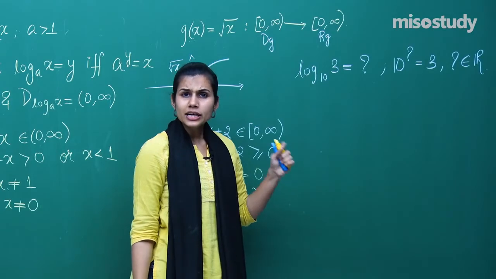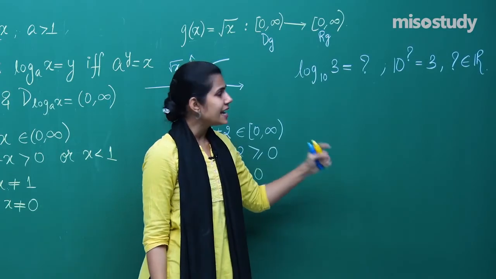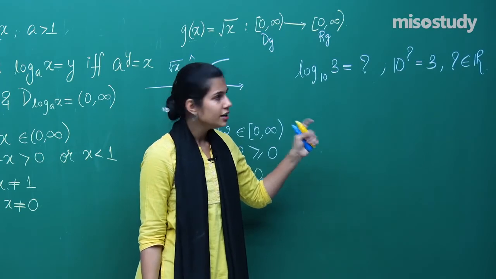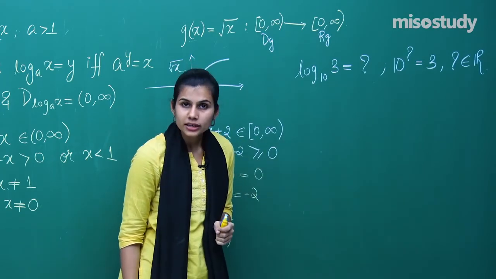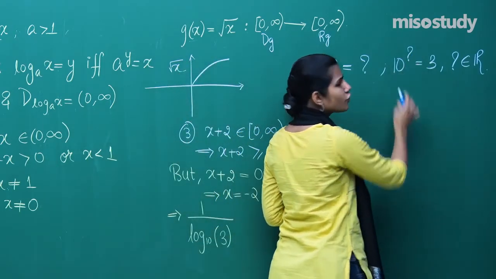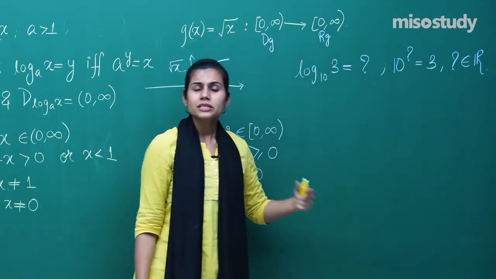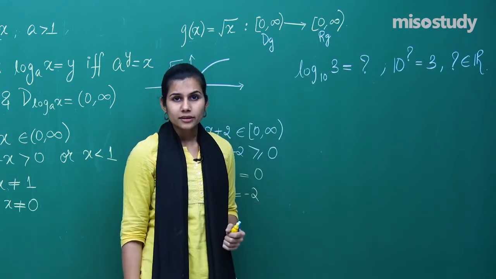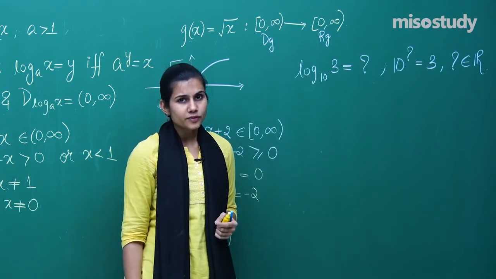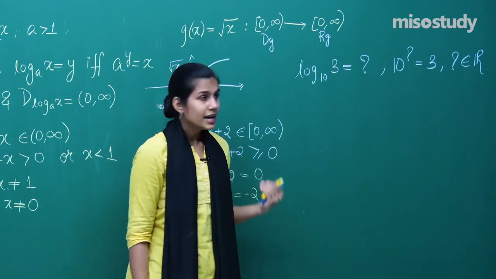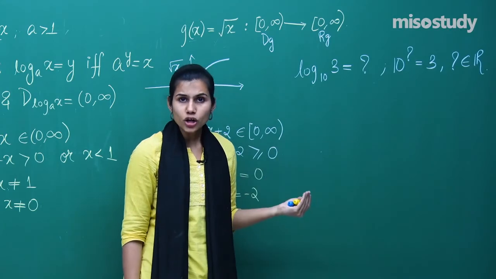Is there any real number corresponding to which if 10 is raised to that particular real number as power, you get the answer as 3? Of course not. If there are positive powers over here, you are going to get numbers strictly greater than 3. If you put 0, you get a 1. And if you put negative powers of 10, you get expressions even less than 1. And therefore, it is strictly less than 3 also.